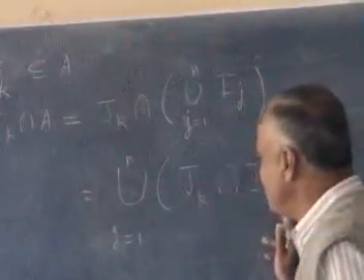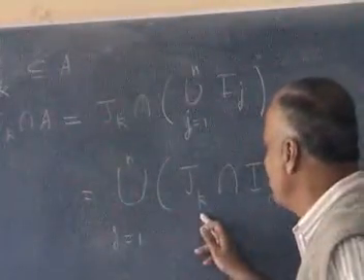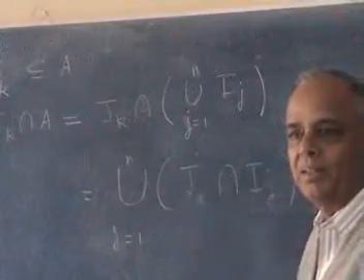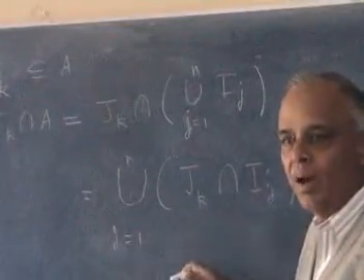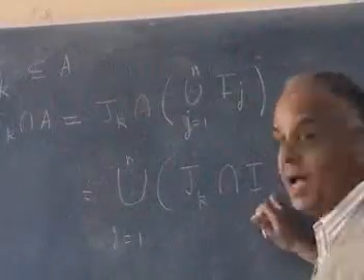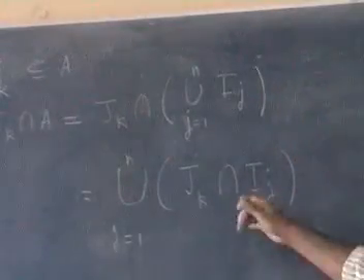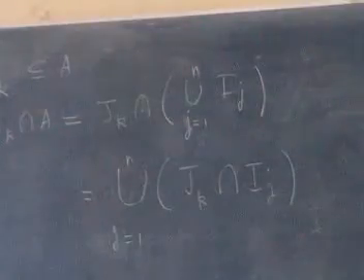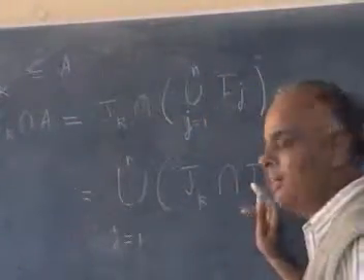Now if I fix a k and just vary the j, what about these various intervals I get? They will all be disjoint because all the Ij's are disjoint. So these fellows have nothing in common between themselves. So these are all disjoint intervals.